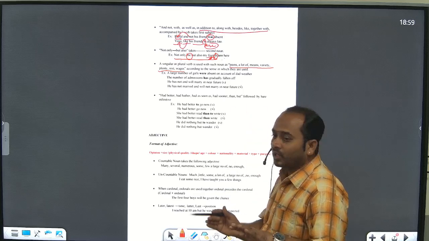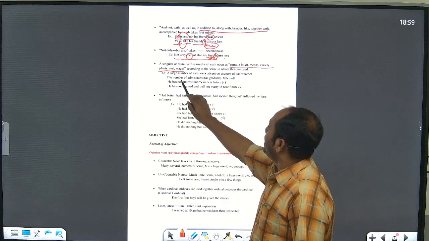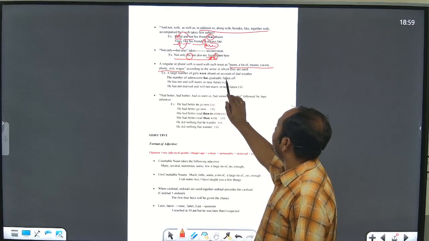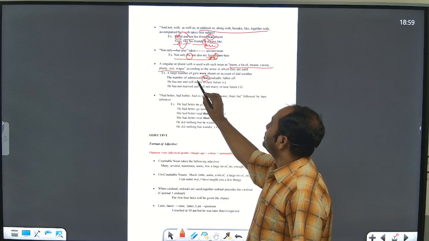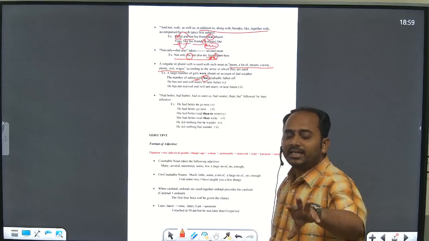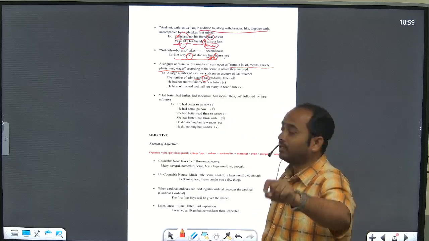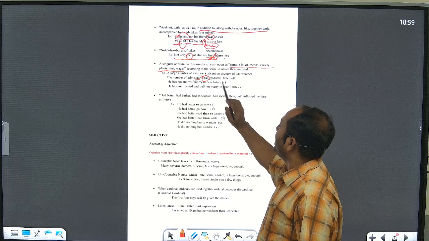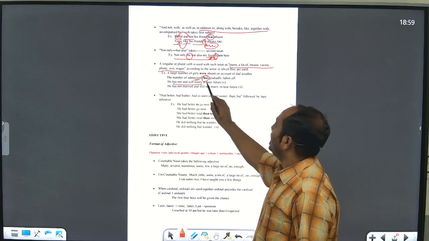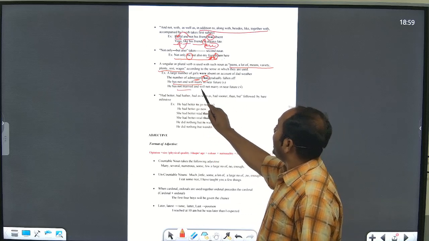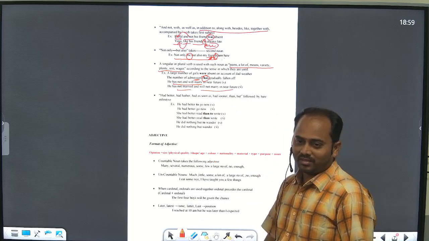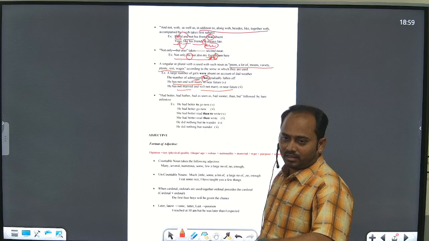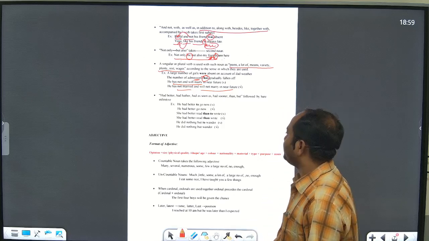According to the sense only, we should use this. The number of admissions has gradually fallen off. Though it is a plural word, it is taken as a bulk, single, so has. He has not and will marry in near future, it is wrong. He has not married and will not marry in near future. It should be divided. A proper conjunction should be used.